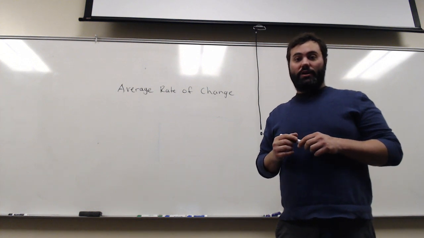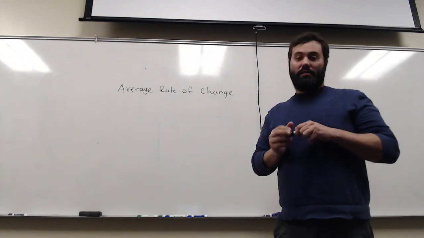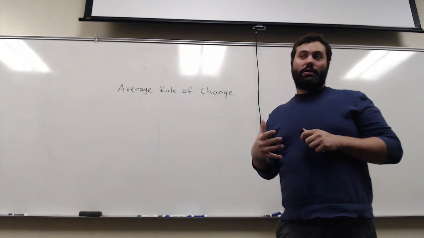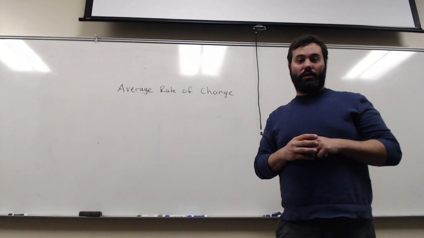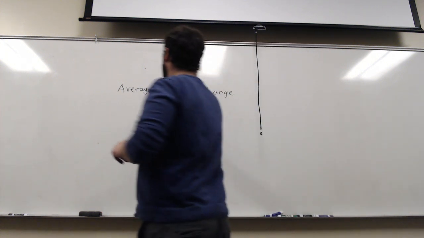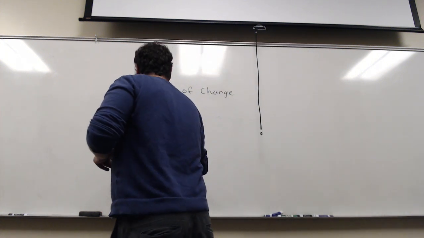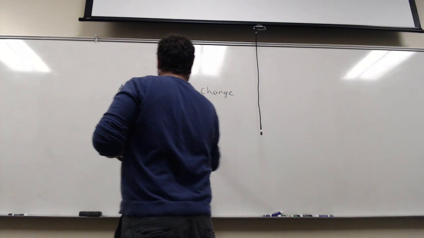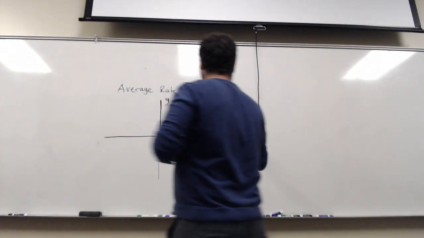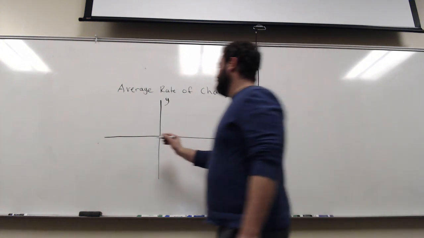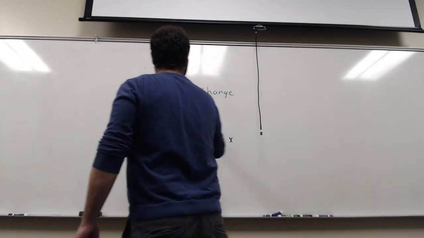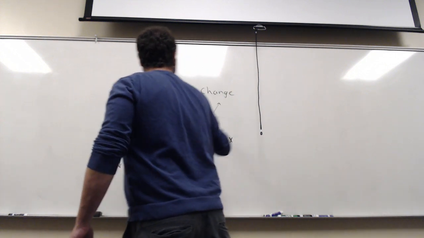So average rate of change is by definition how much a function changes in value over a particular interval. So I'll just start with the setup. You can draw a set of coordinate axes. Go ahead and draw in your x and y axis, and I'll draw some arbitrary function f.